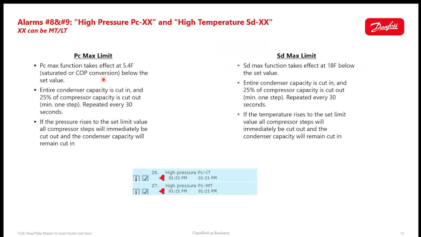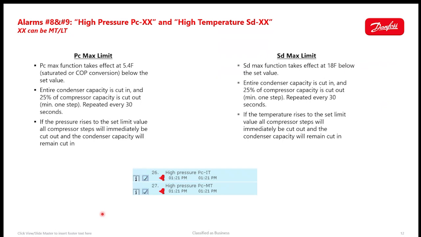We'll take a staged approach where we'll initially make sure all the gas cooler fans are forced to full speed if they're not already there. And then we'll begin to stage compressors off in 25% increments of the total capacity. So if we have 4 equally sized compressors, then we would turn one compressor off to remove 25% of the capacity of the rack.